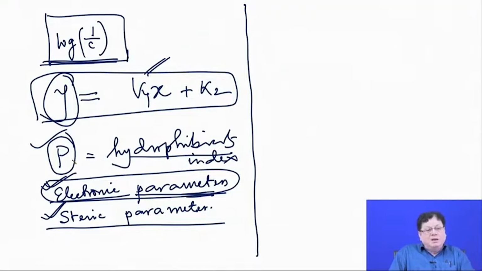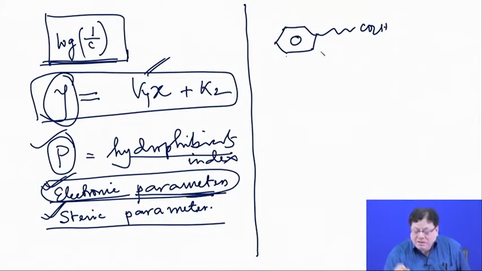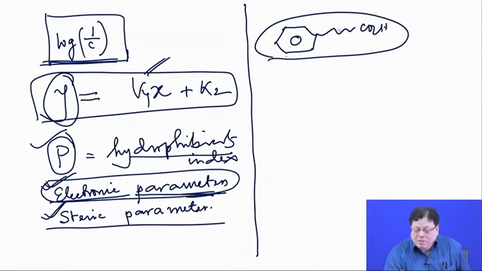See, one thing you must also know: suppose I have a lead compound which is represented as, suppose, a benzenoid compound, so let us put some carboxy group here, with some adequate length. Suppose I find that this molecule has some property against the target.